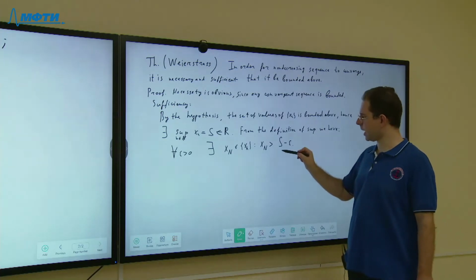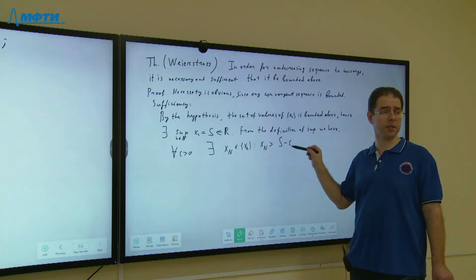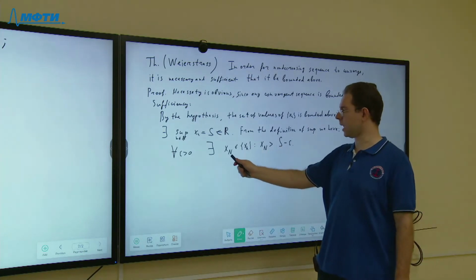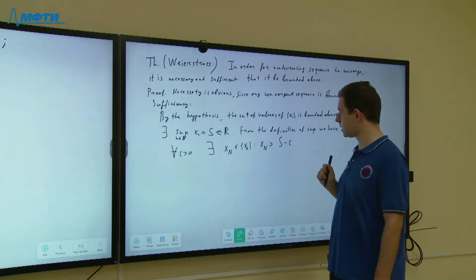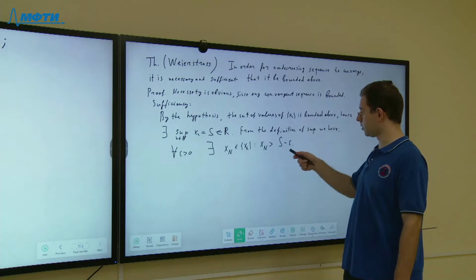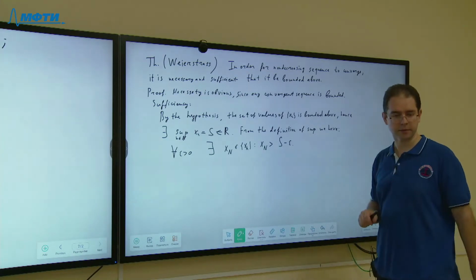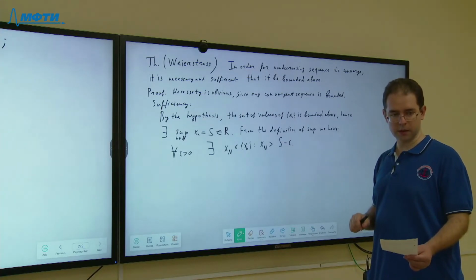So the number S minus epsilon is a number smaller than S. So there should be an element of our set that is greater than this number. Okay, good enough.